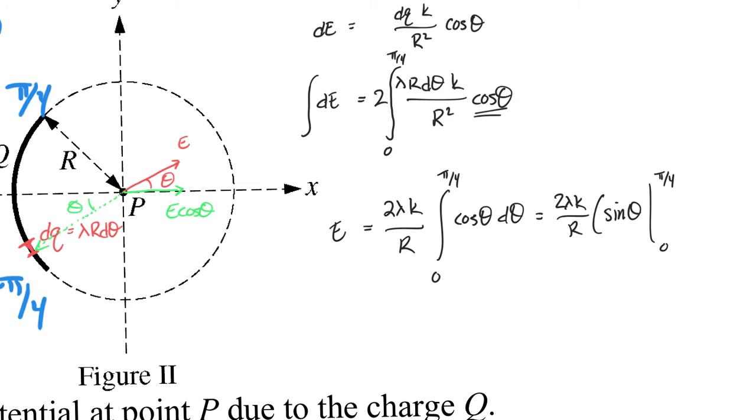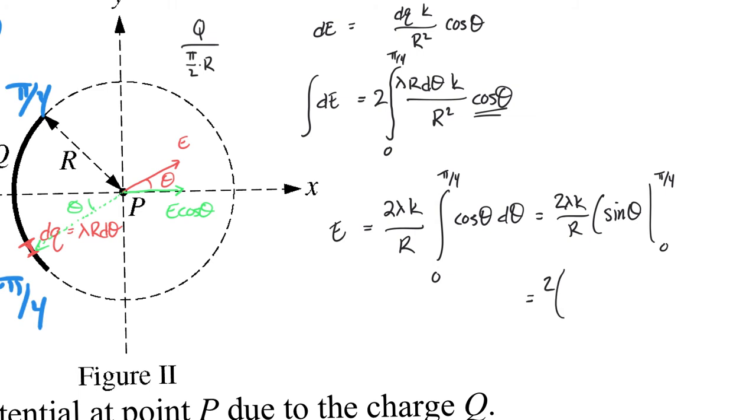Kind of done now. I'm just going to plug in my final results here. This is going to be 2, and we know lambda already. We've done lambda before from the prior part. Lambda is the entire charge of the bar divided by the entire length of the bar, which is pi over 2 times r. So I'll do the same thing here.